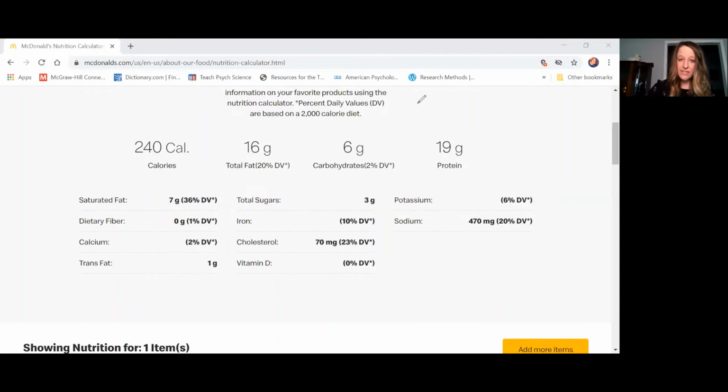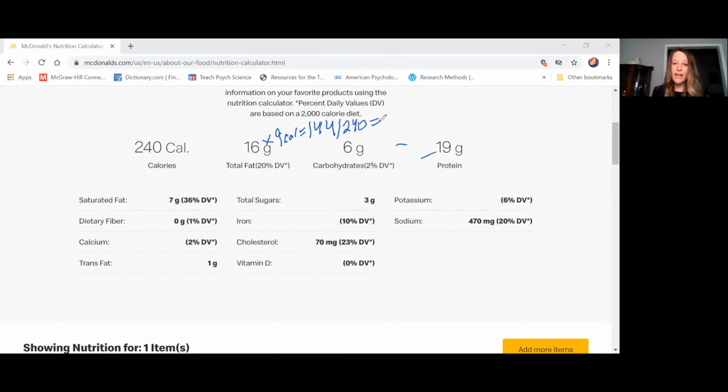Now we have 16 grams of fat. If we multiply that by 9 calories per fat gram, we get the total amount of calories due to fat. So if I multiply 16 times 9, I get 144. And then we have 240 total calories.